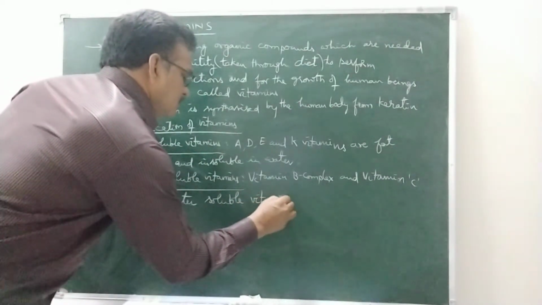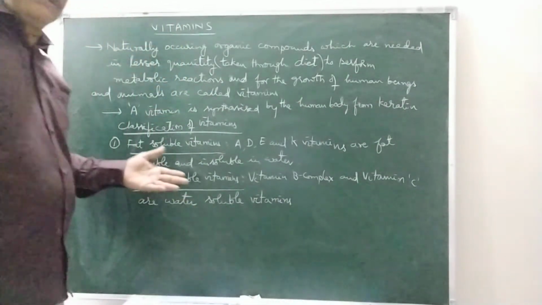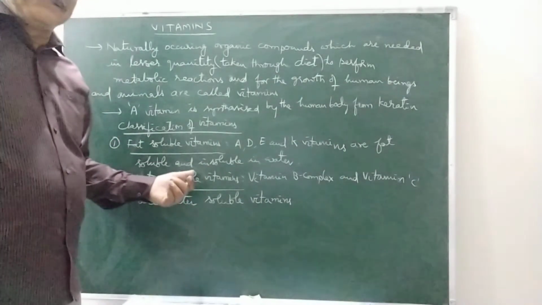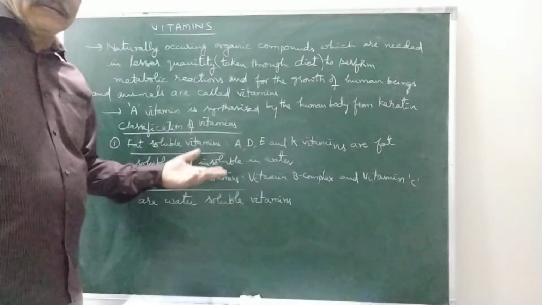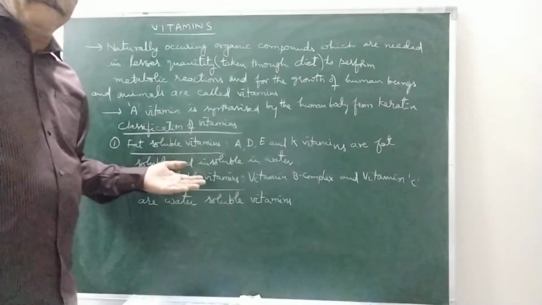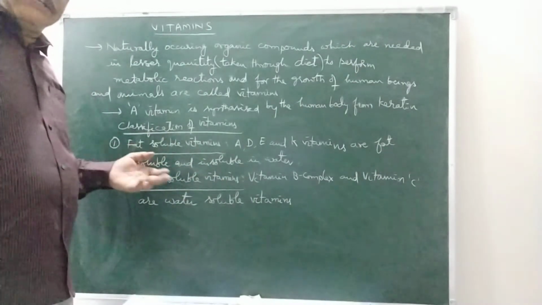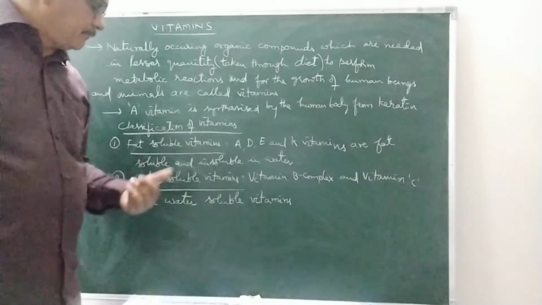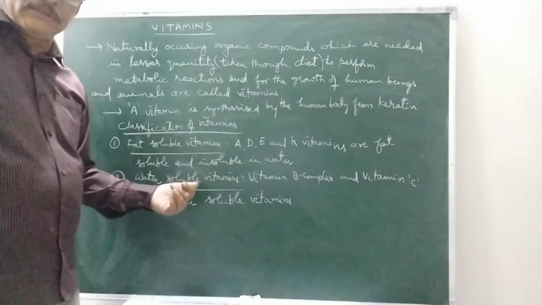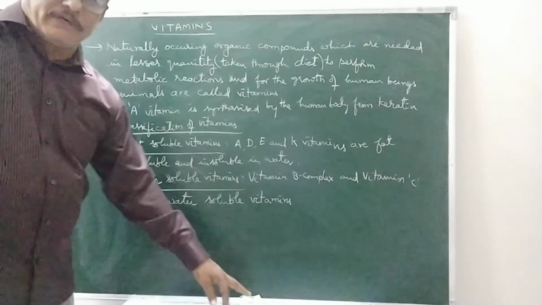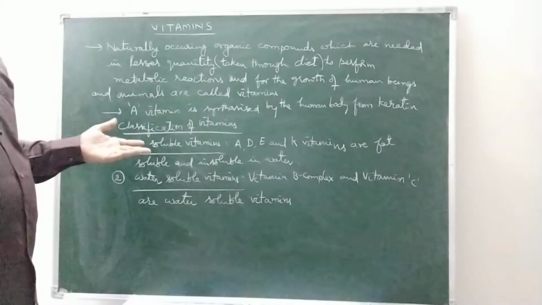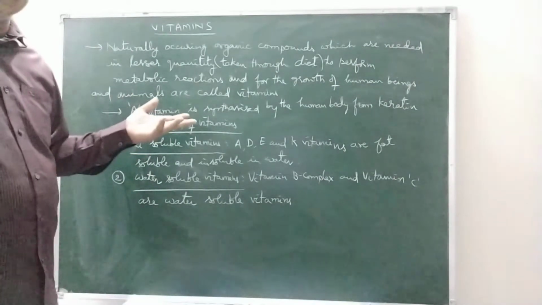Of course, these are not stored in living organisms. These are excreted in the urine every day. So these must be sent into the body through diet every day. So deficiency of these vitamins may cause different diseases.